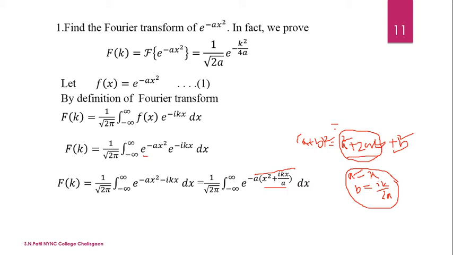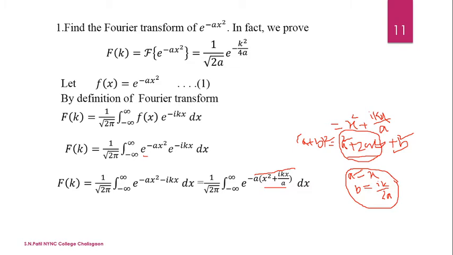Then we get the term x square plus 2 times ab, where the 2 will get cancelled, giving i k x divided by a, plus b square.